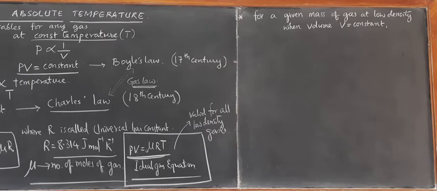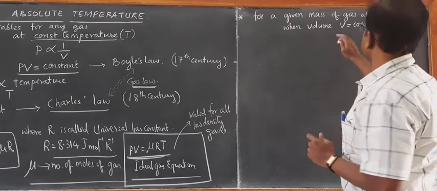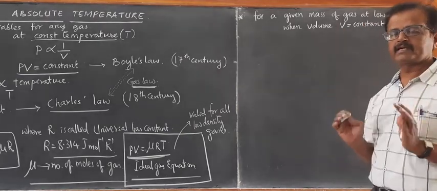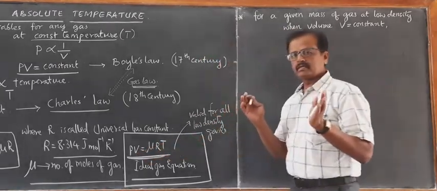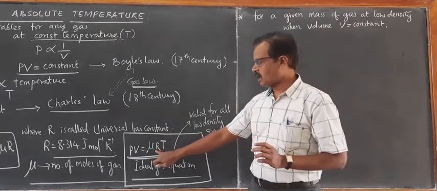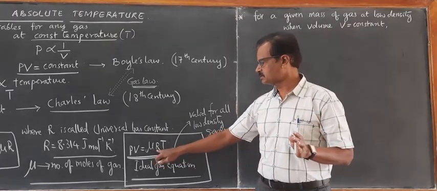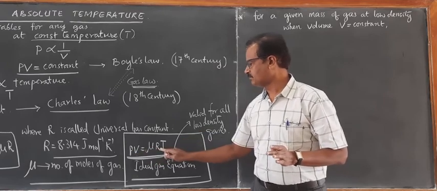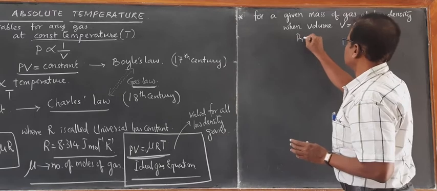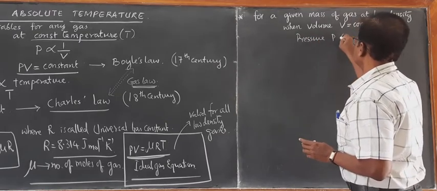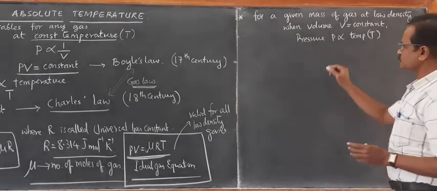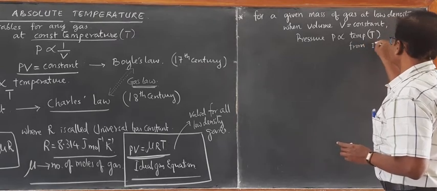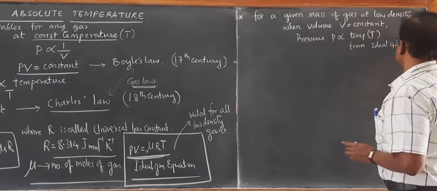Now look here, for a fixed mass of a gas taken in a container, when the volume of that gas is constant, mu, the number of moles of that gas, is constant, and R is the universal gas constant, which is always constant, then we find that pressure is directly proportional to temperature T. This is from the ideal gas equation.